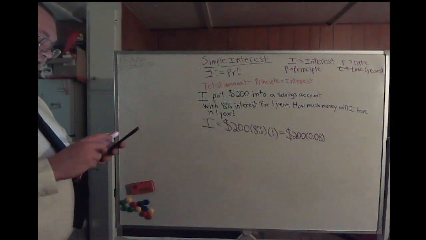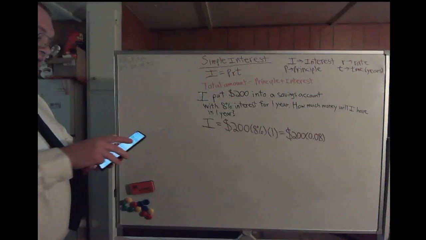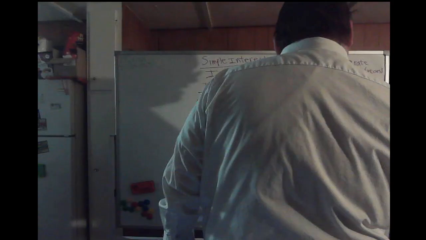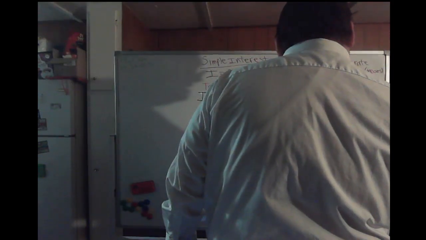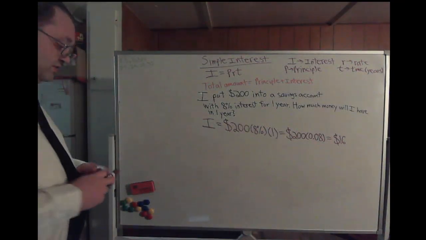Let's go to the calculator. Get $16. I'll get a grand total of $16 for interest. Alright, so I found my interest to be $16.